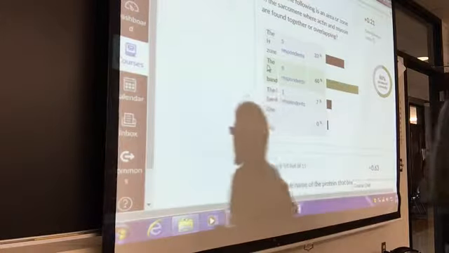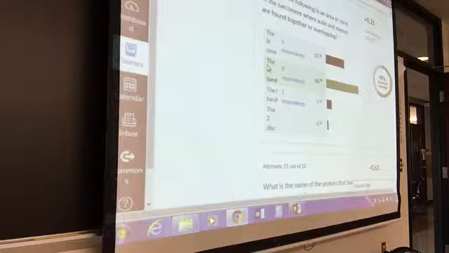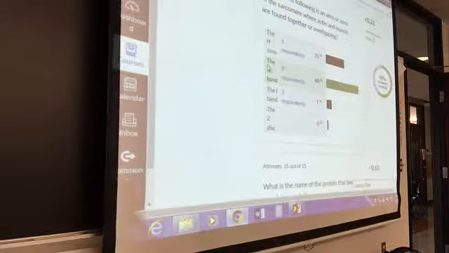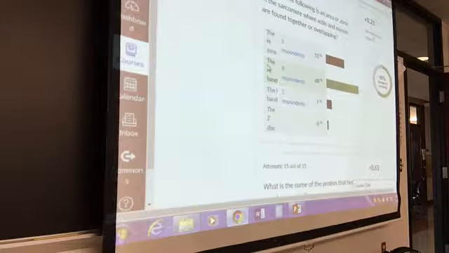So what is the A band that you guys did get? Well, the A band is this area or zone, if you will, in which you have overlap between the thick and thin myofilaments. Actin and myosin are the main ones. So the A band is there.